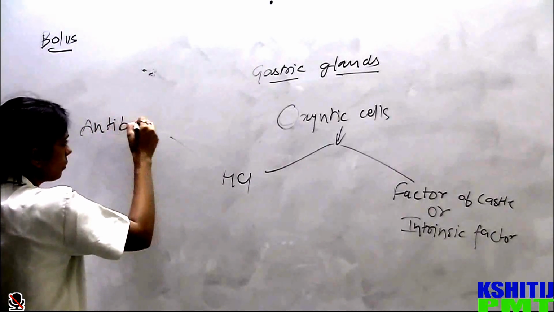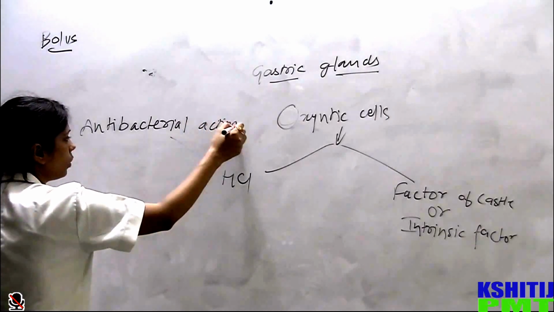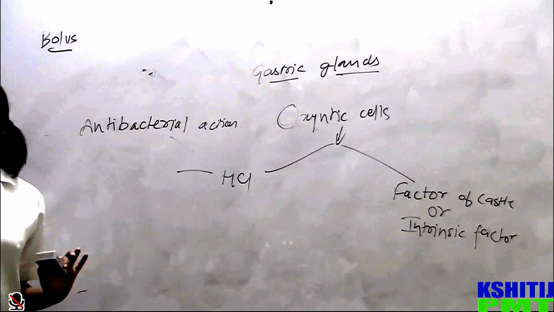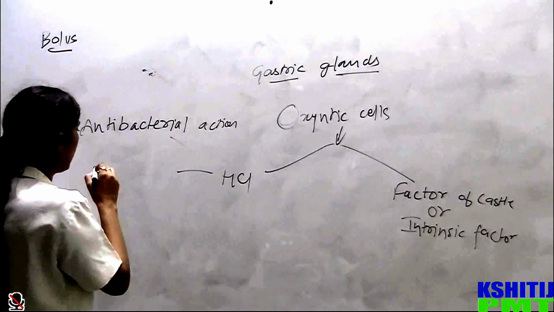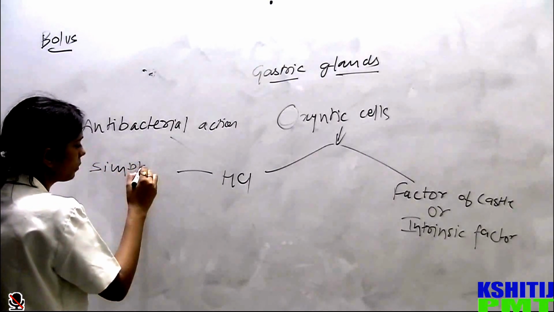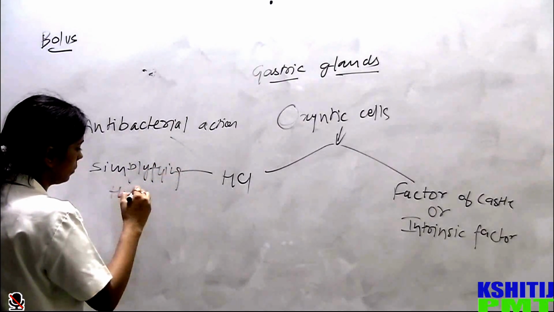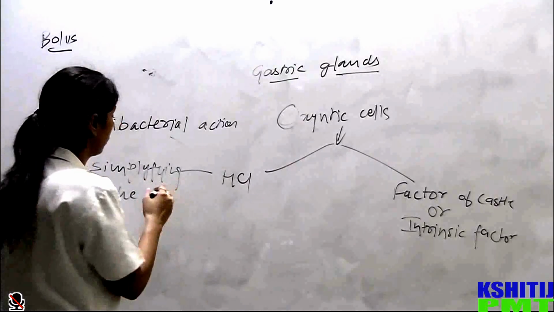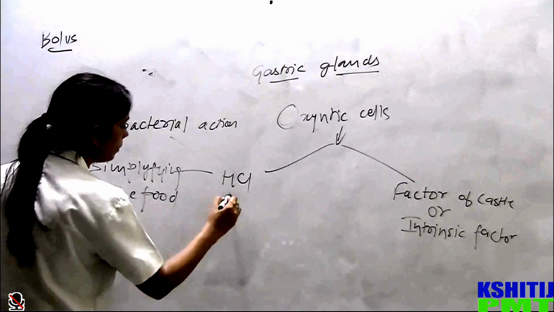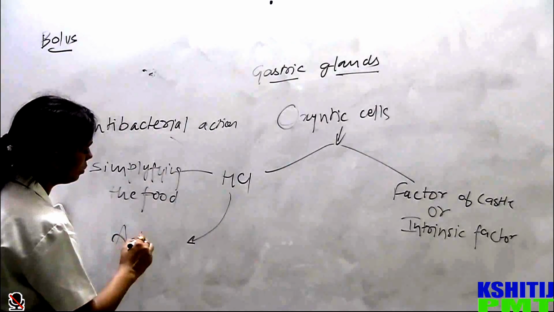HCl has antibacterial action. It helps in breaking down the food substances into their simpler forms, so it helps in simplifying the foods. Then it activates the enzymes.